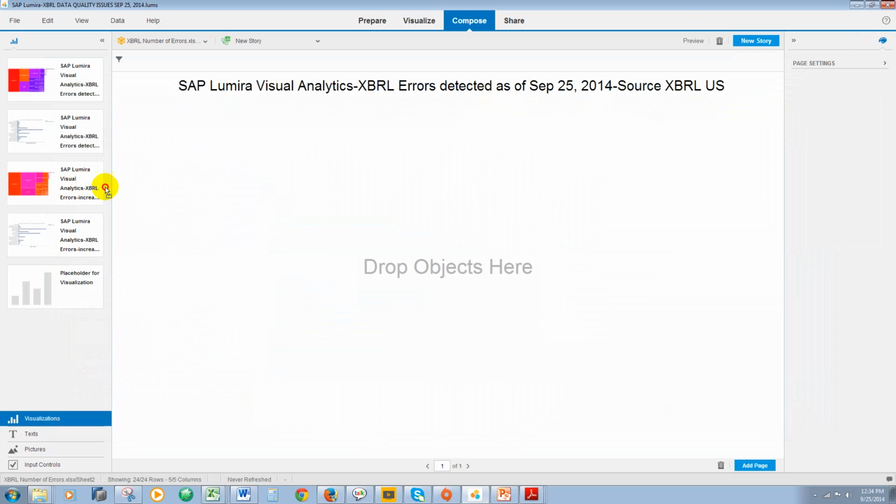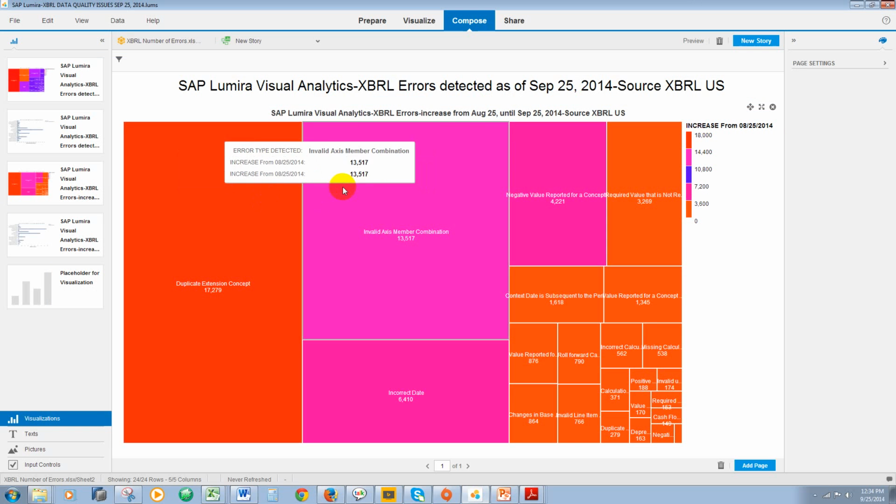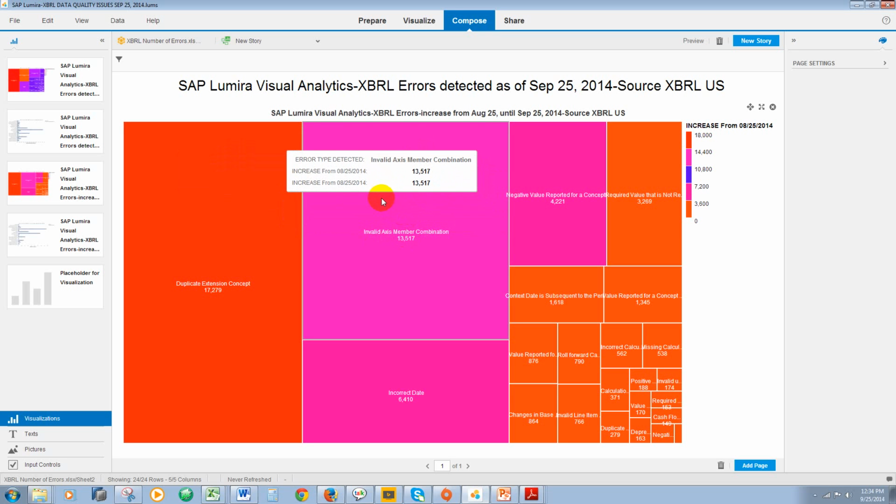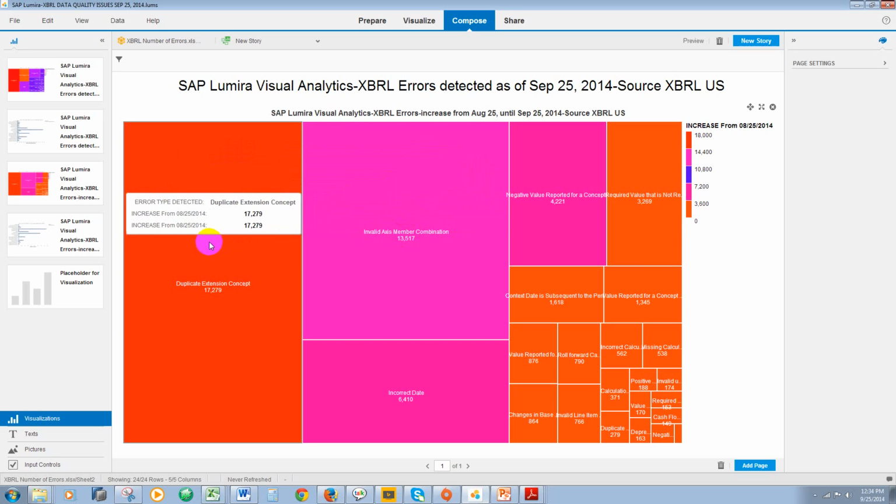So let's pull one of these tree maps over here. So we are seeing the growth in the XBRL errors, that is the increase from August 25th until today, that is September 25th. So within a month we see that duplicate extension concept has grown by 17,279.